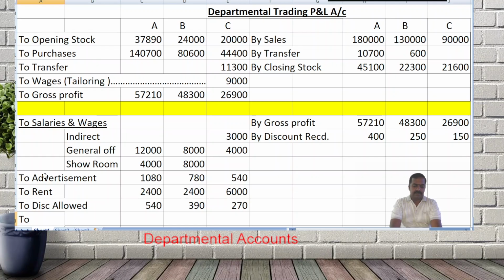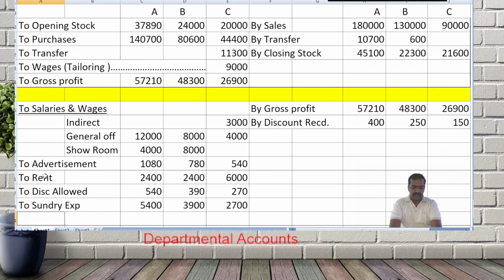Then sundry expenses, how much? 5,400, 3,900, then depreciation equally allocated, how much?